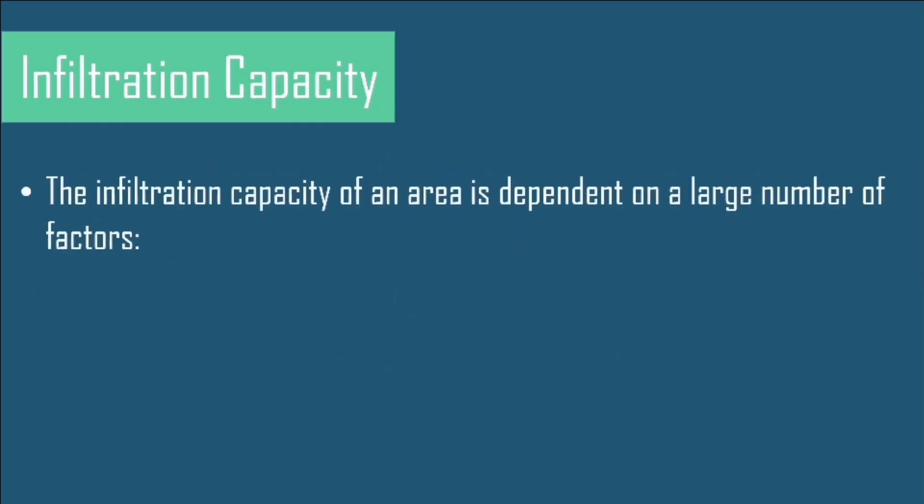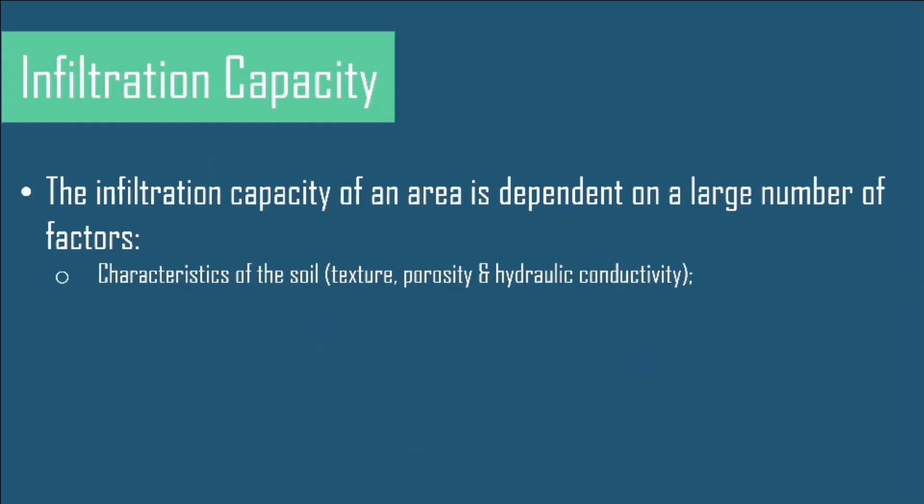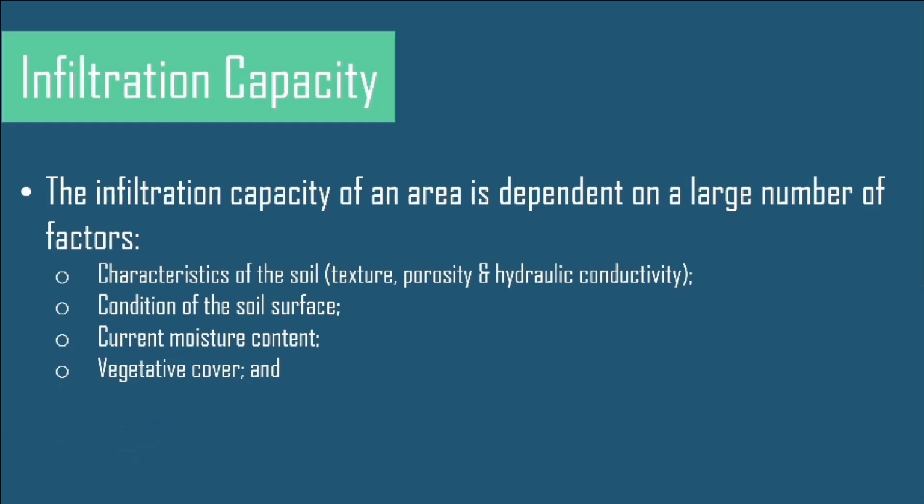The infiltration capacity of an area is dependent on a large number of factors. Some of them are characteristics of soil, condition of the soil surface, current moisture content, vegetative cover, and soil temperature, which we will be discussing in a moment.